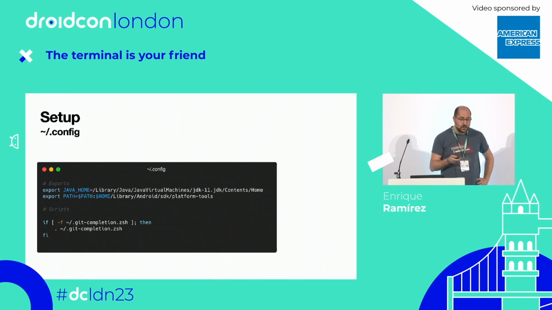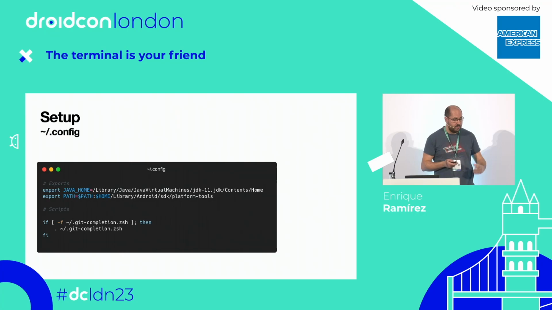I also export the Android command line tools to the path, to be able to do adb or sdkmanager, just appending it to the path environment variable. And then later there, I will load some other script.